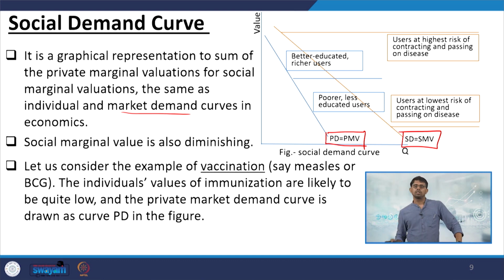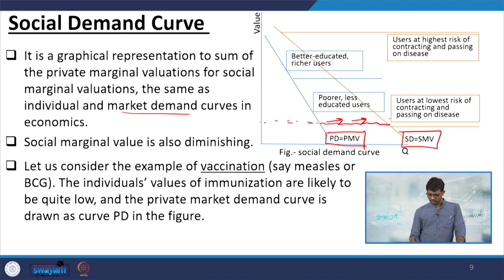In short, all individual perceptions are added, and in horizontal addition we get, for each price, a higher demand. So, this demand is estimating the social demand function.